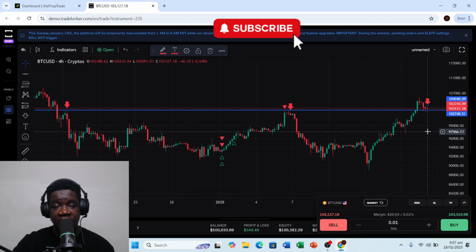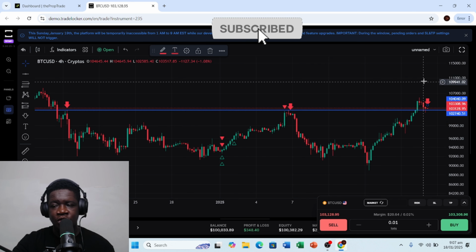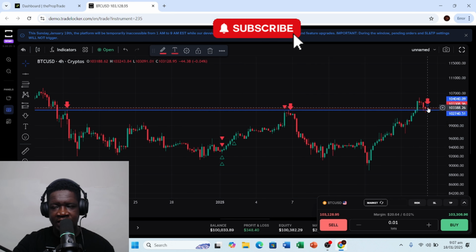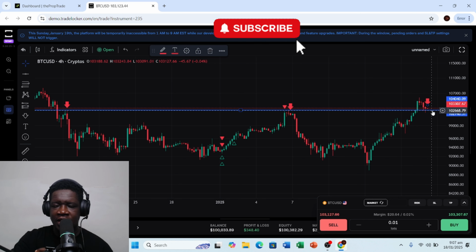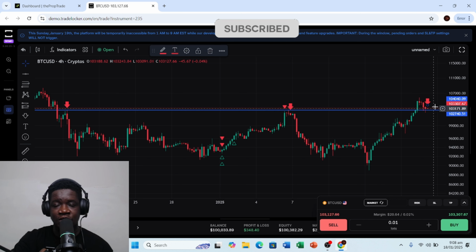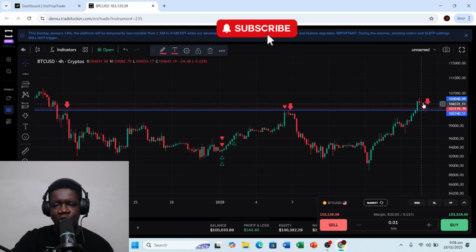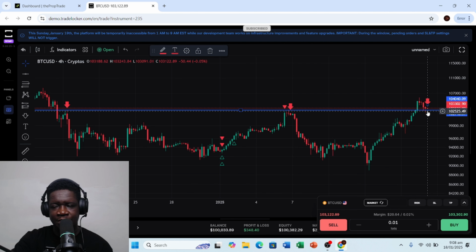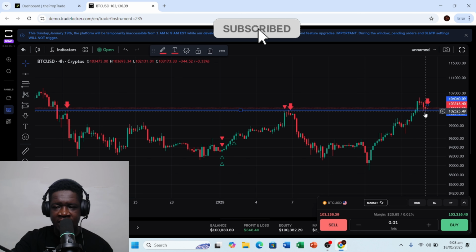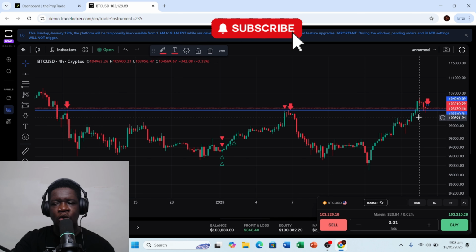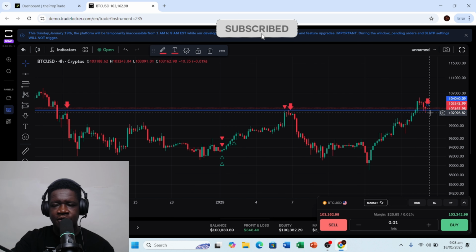Now, if you are looking out for a buy opportunity, you can wait for the candlestick to get rejected by this. It was a resistance and it got broken, so currently it's a support. You can wait for this support to get the price rejected to the upside, and then you can place your buy order. When you buy, you ensure you have your stop loss just below the support.